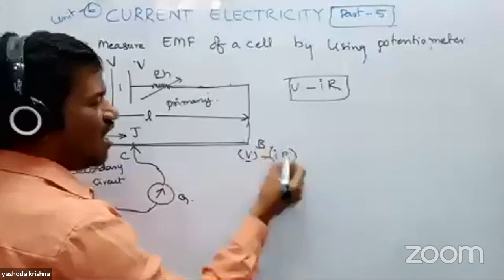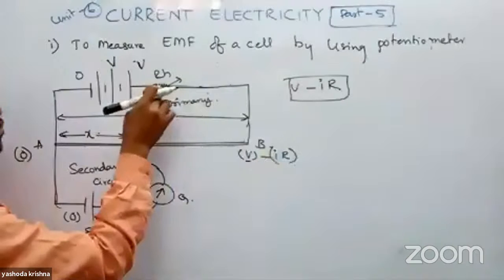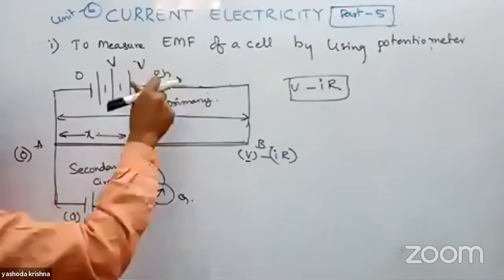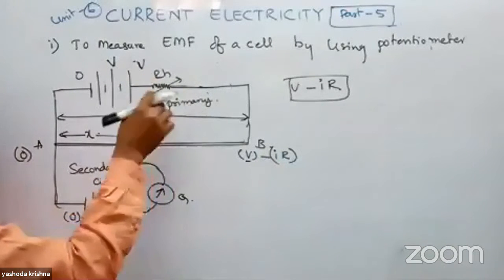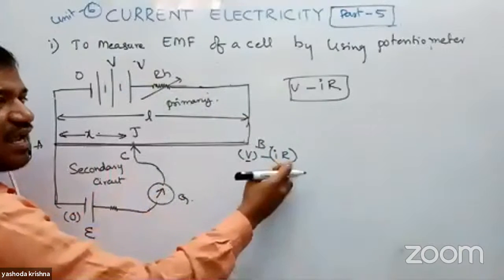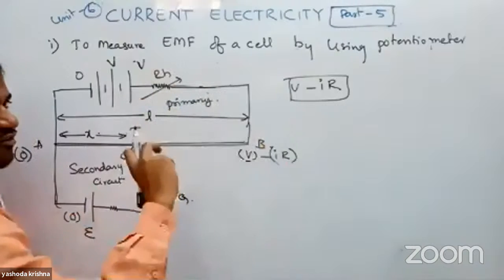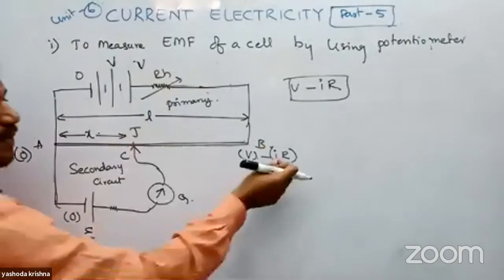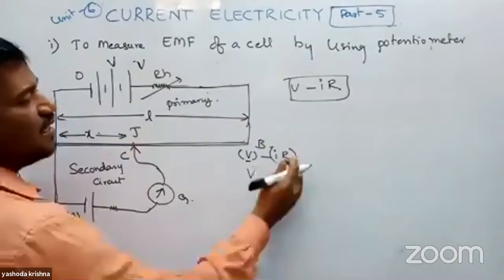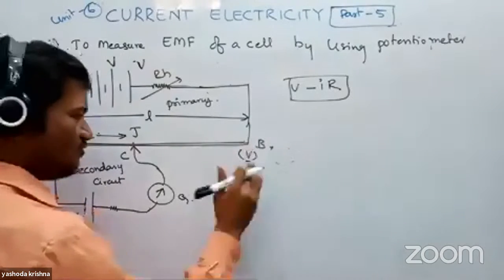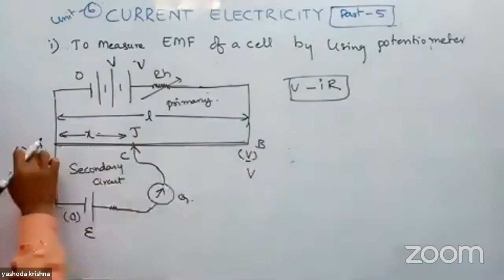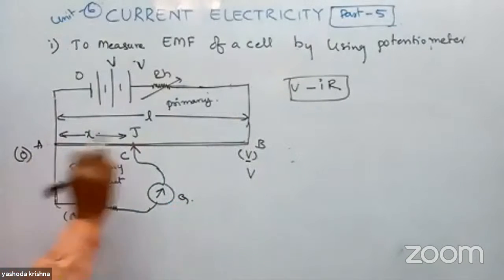If R, the total rheostat resistance, is 0, then I into R is 0, and the value is V minus 0, so V is there.